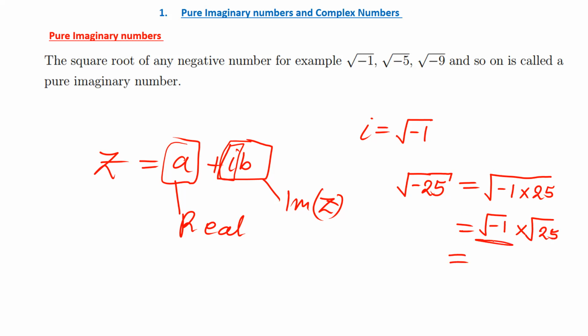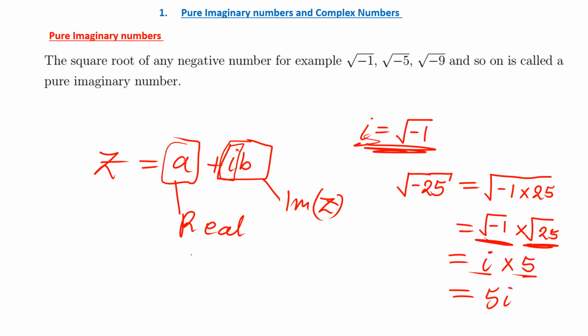The square root of -1 is equal to I. So where there's the square root of -1, we can just replace that part with I. And the square root of 25 is simply 5. So 5 times I gives us 5I.